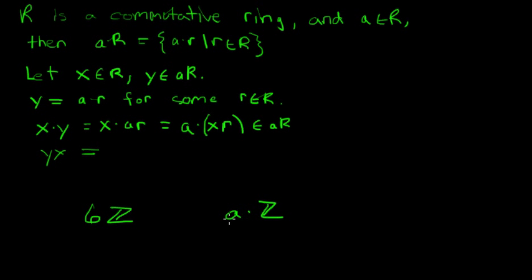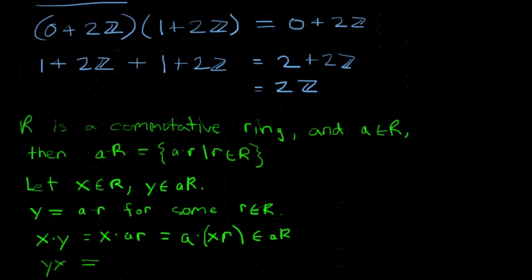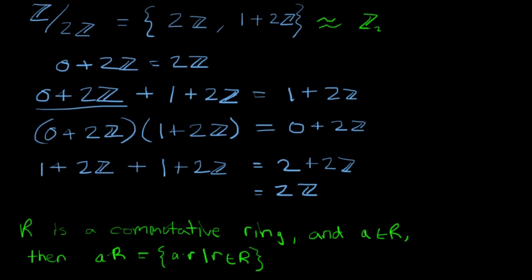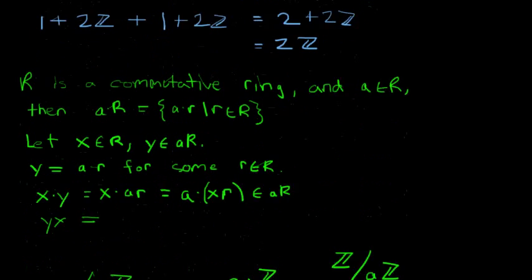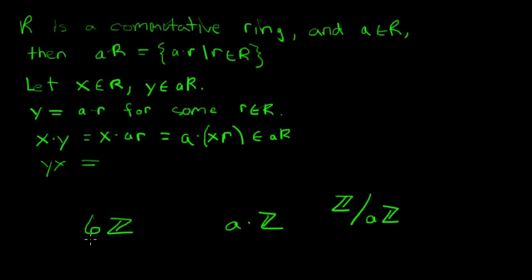And since it's an ideal, we could talk about the factor ring, Z mod aZ. This is the set of cosets of this aZ, where the a is some integer. And this will be a ring, and the number of cosets in this particular case will be a. Like up here, we had 2, and since we modded out by 2z, we had 2 cosets. Similarly, if we have 6z, we're going to have 6 cosets. And so in general, if you have aZ, you're going to have a cosets.